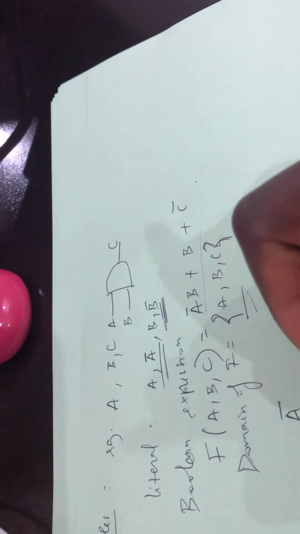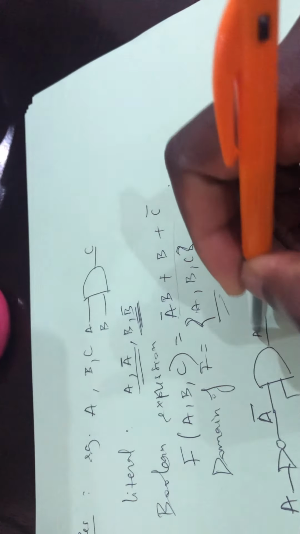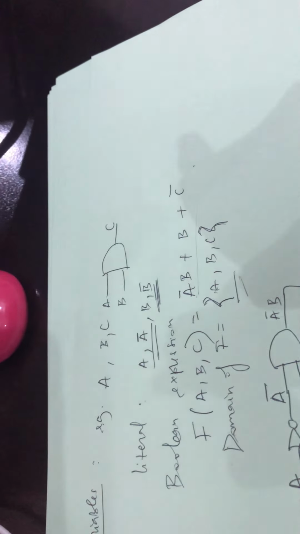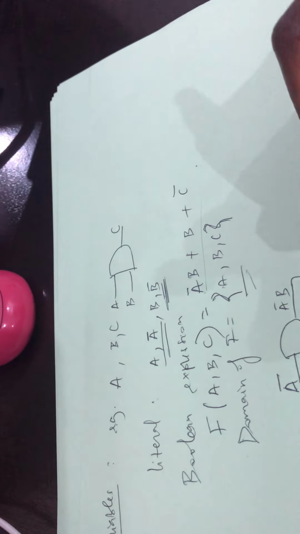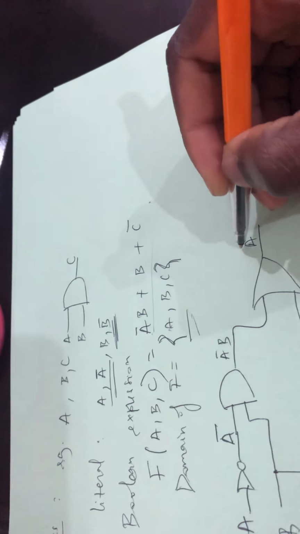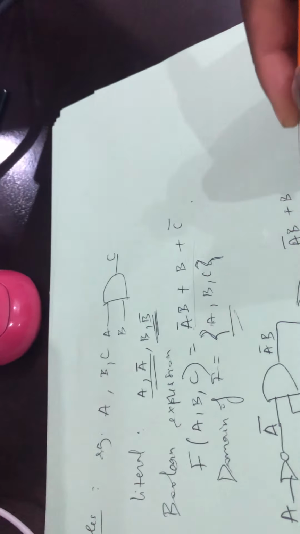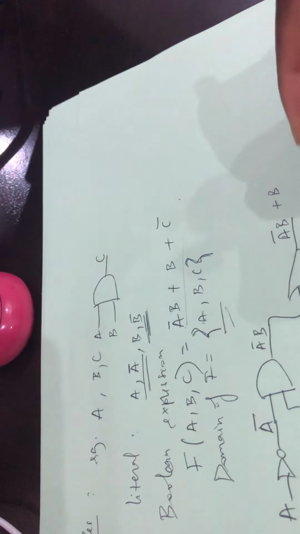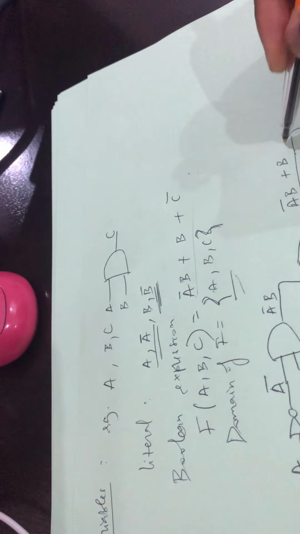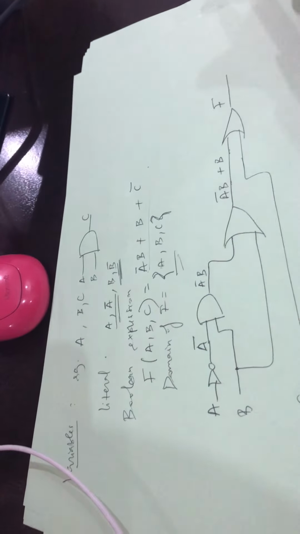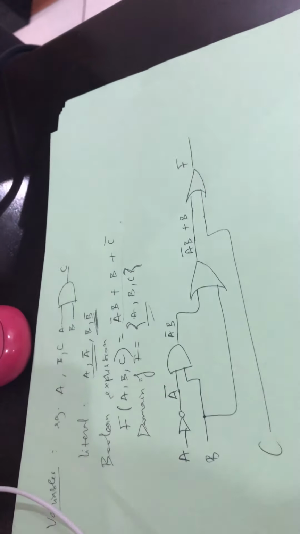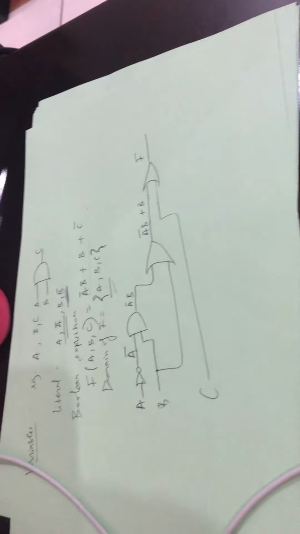We've got an input B being ANDed with A bar, and then the output is ORed with B, to produce A bar B plus B, and all of that is ORed with another input C to produce F. So that will be the logic circuit, which is combinational in this case, because it comes from a combination of logic gates that will represent this specific logic circuit.